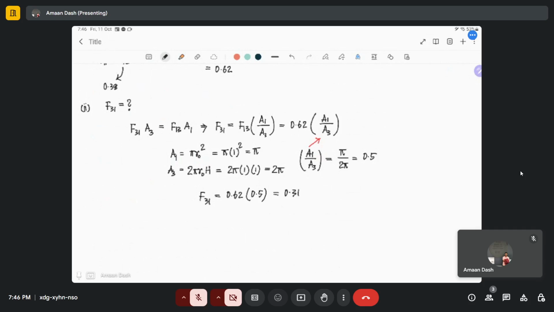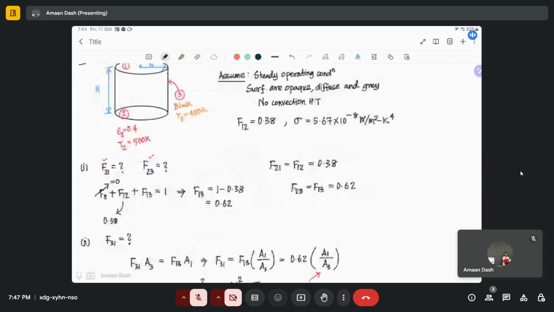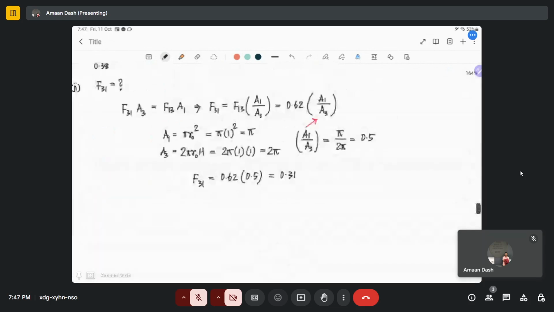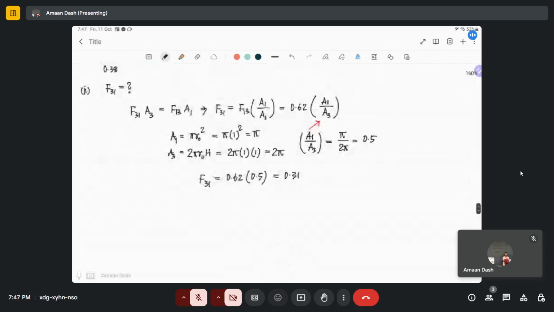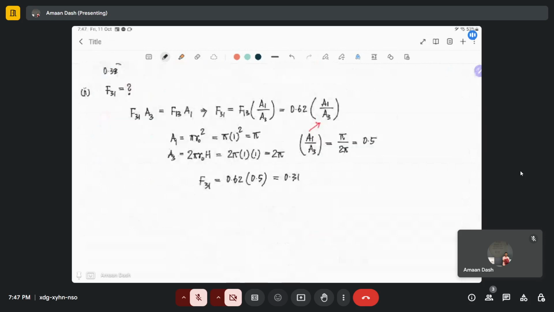So this implies F3 to 1 is equal to F1 to 3 times A1 by A3, which is 0.62 times A1 by A3.